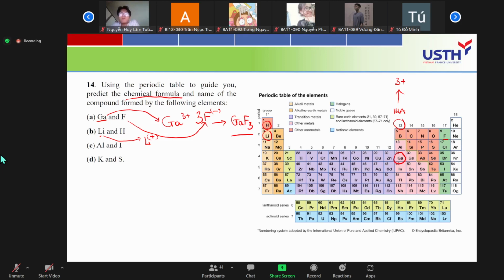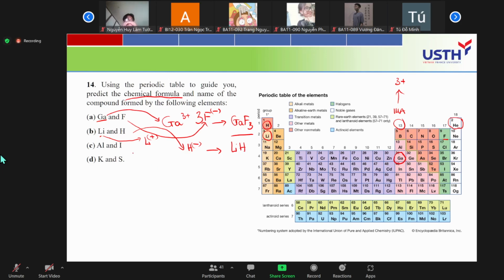So hydrogen can sometimes accept 1 electron to get the electron configuration of the stable helium. So in this case you will have hydrogen minus, and they form the compound LiH, or lithium hydride.